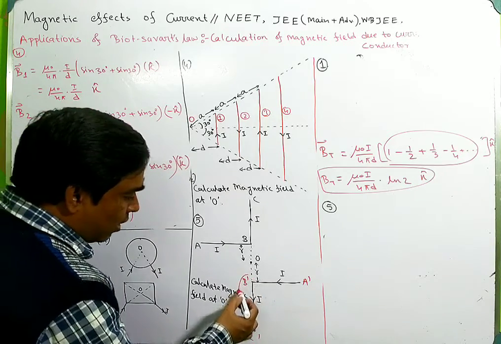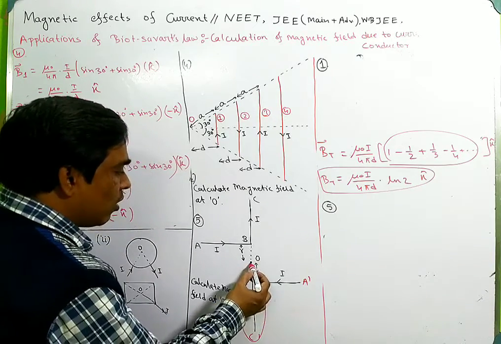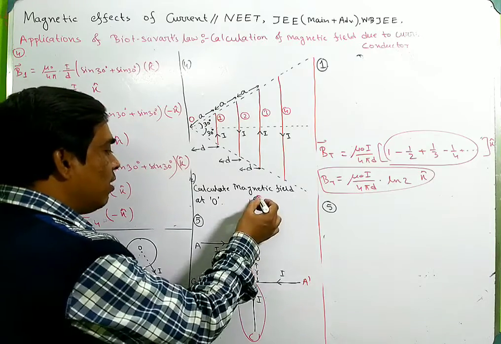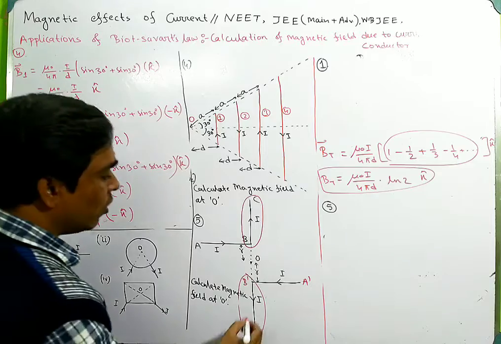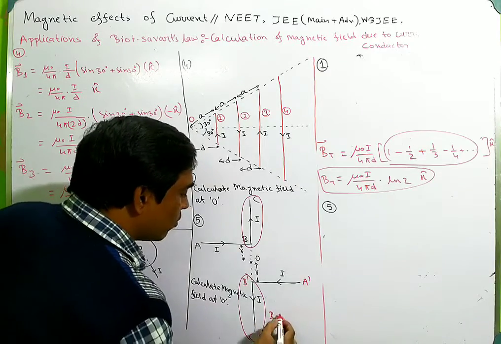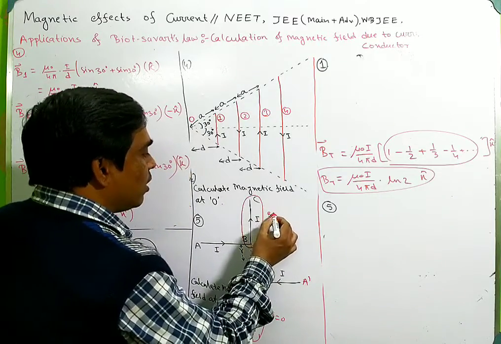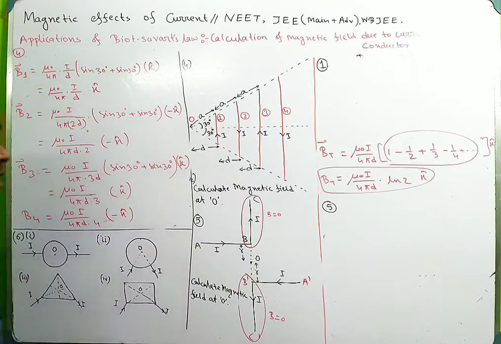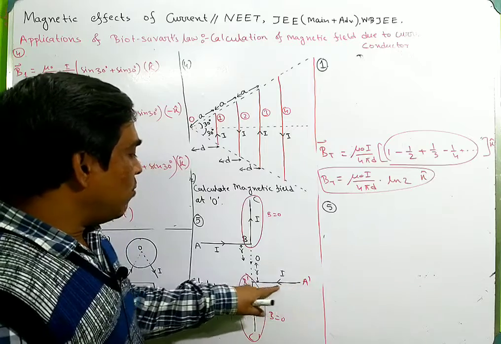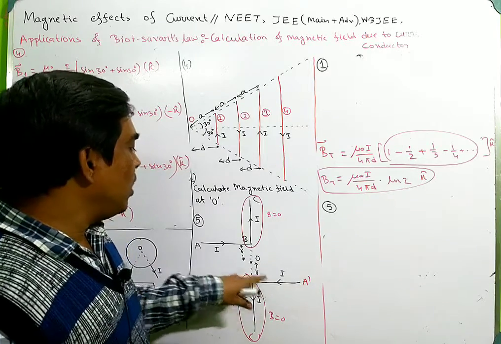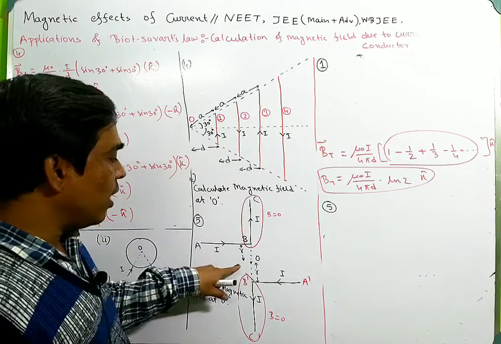The magnetic field at O due to this portion is 0, and due to this portion is also 0. So this is a half infinite wire, and this is a half infinite wire.